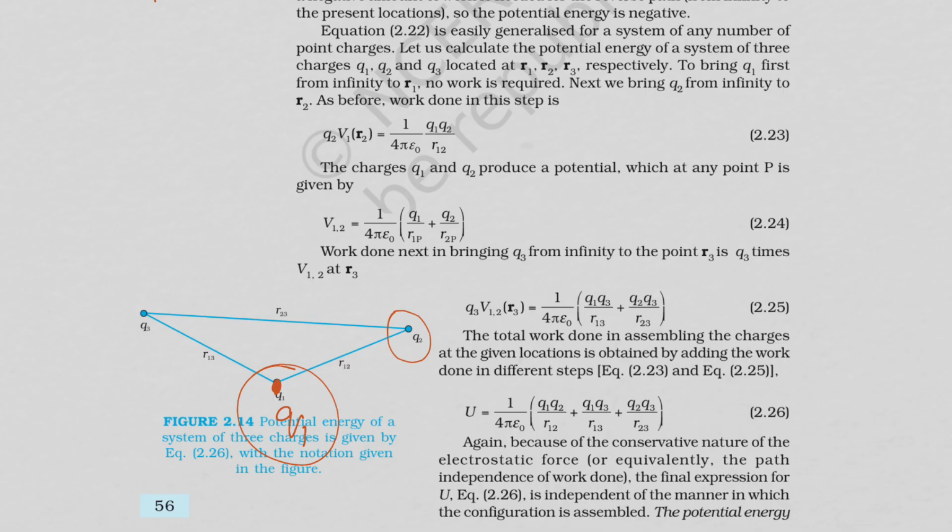So to bring Q2 from infinity, we have to do work, and that work done, as we know, would be equal to Q2 and the potential due to Q1, that is V1.